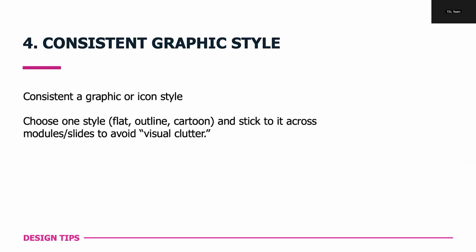But I suppose the idea here is that you stick to a particular style to avoid visual clutter. I know there are some exceptions where you'll have diagrams or things that don't align in their particular style, but just try and use these principles or tips as guidelines to help you along the way.